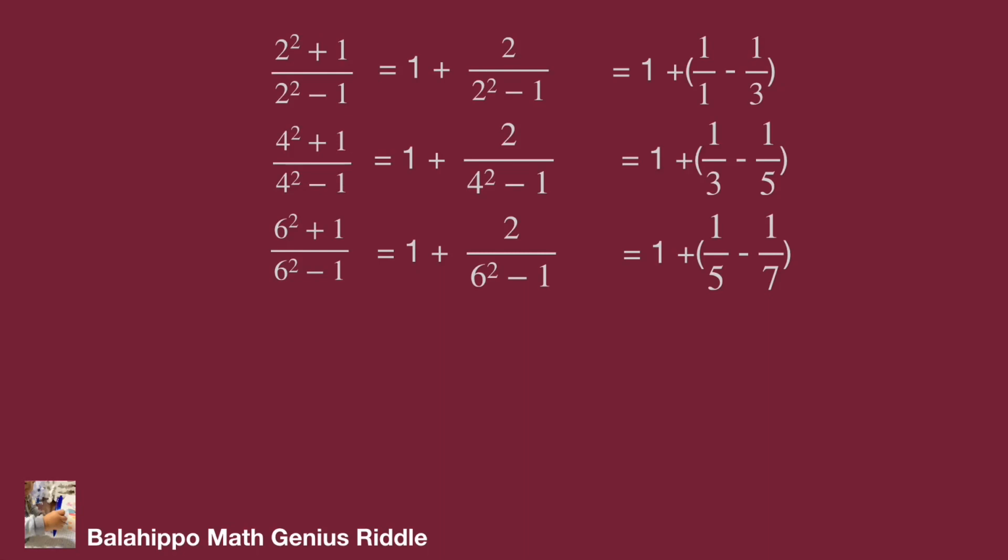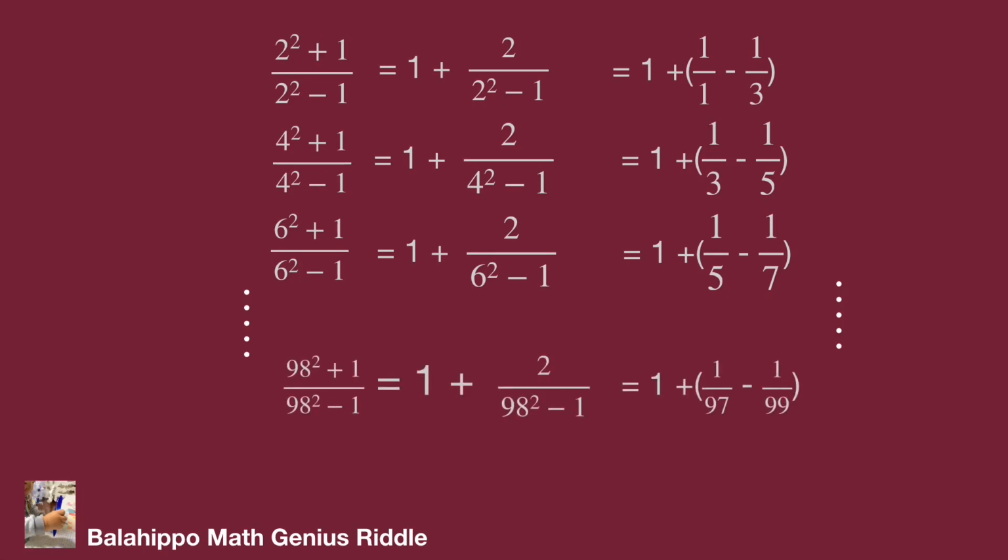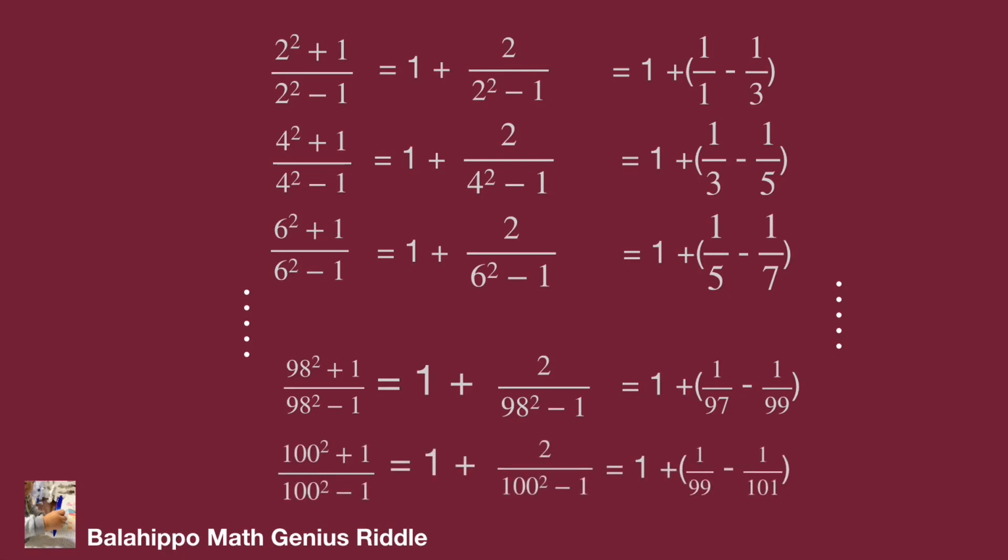Continue to adapt this rule to every item. So 98 squared plus 1 over 98 squared minus 1 equals 1 plus bracket 1 over 97 minus 1 over 99 bracket. The last item, 100 squared plus 1 over 100 squared minus 1 equals 1 plus bracket 1 over 99 minus 1 over 101 bracket.